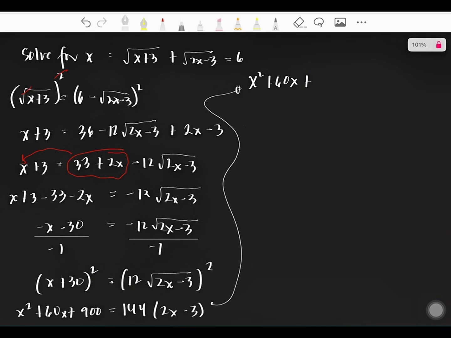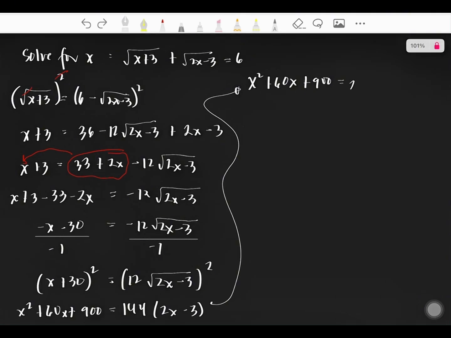So we have x squared plus 60x plus 900 is equal to 288x minus 432. Let's transpose everything to the left and equate it to 0.